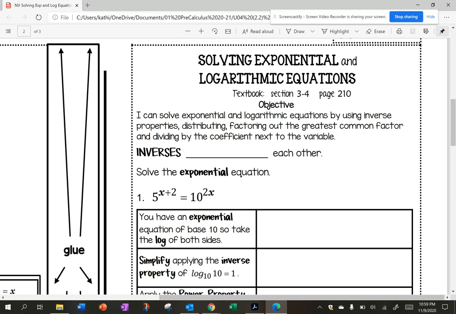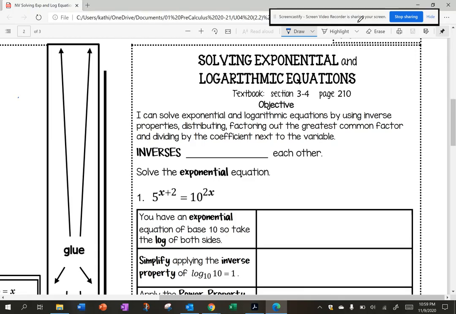All right, let's just talk about what inverses are and what they do. Inverses undo each other.